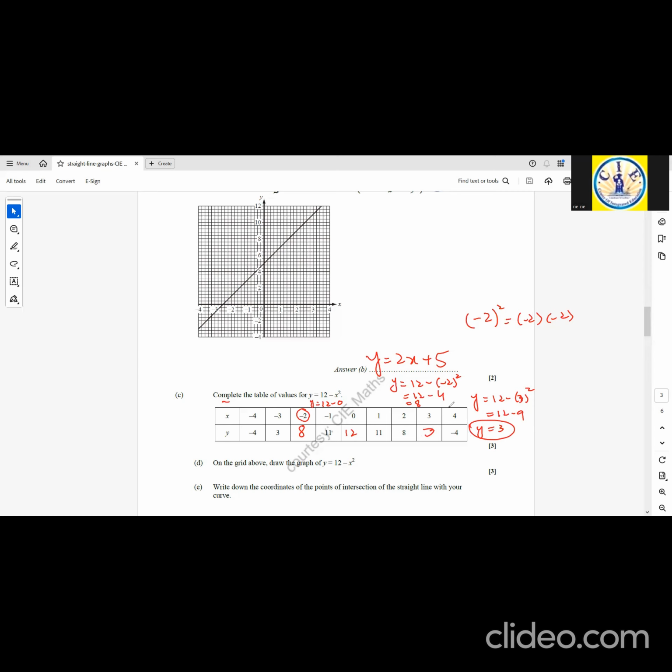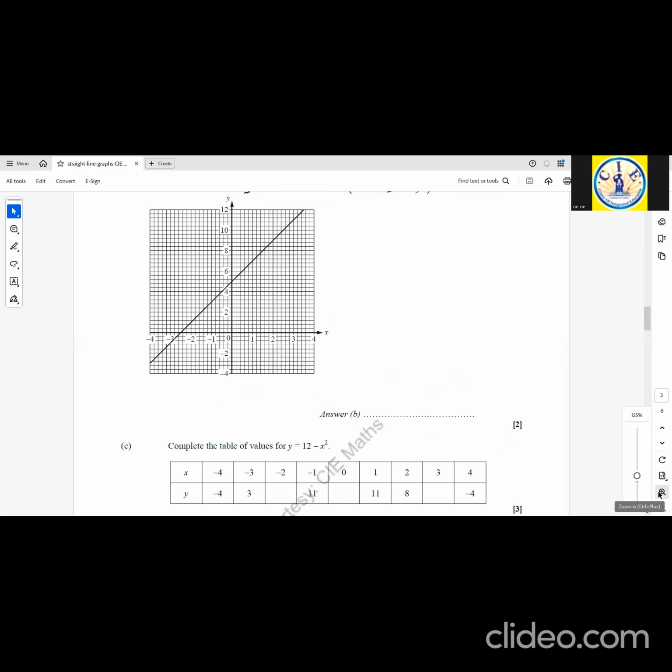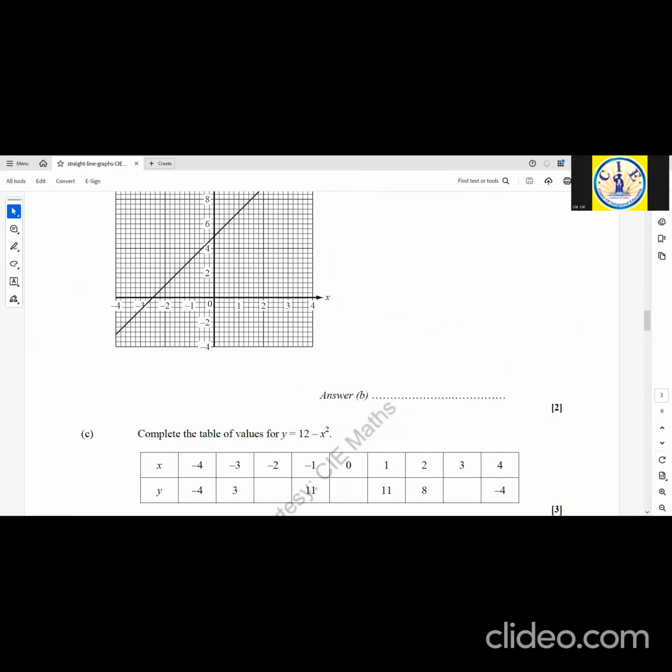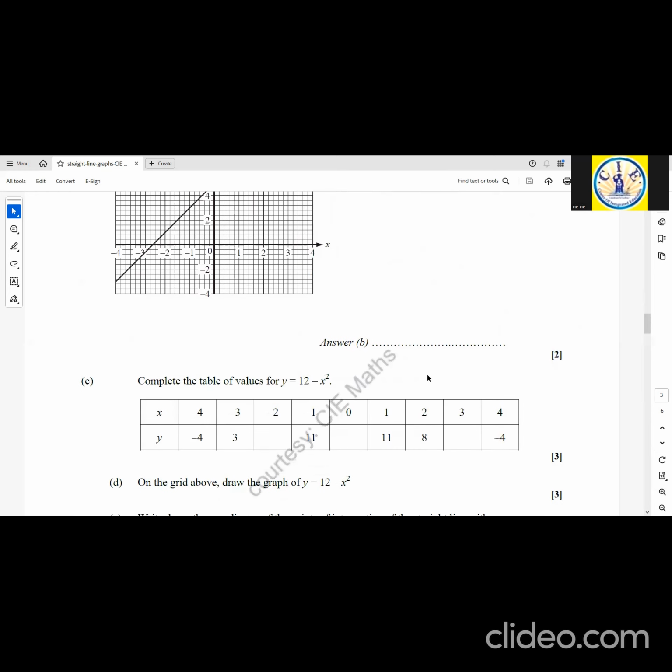Okay. Now for part D. On the grid, draw the graph of 12 minus x squared.